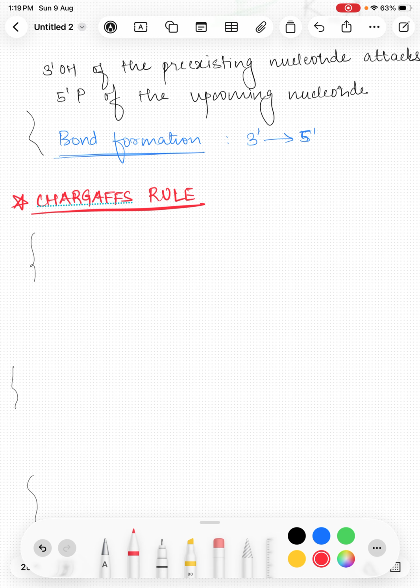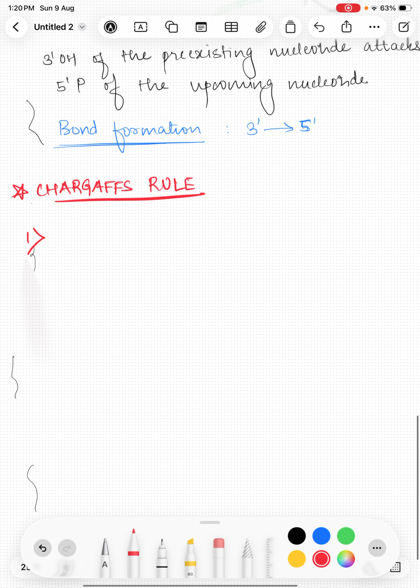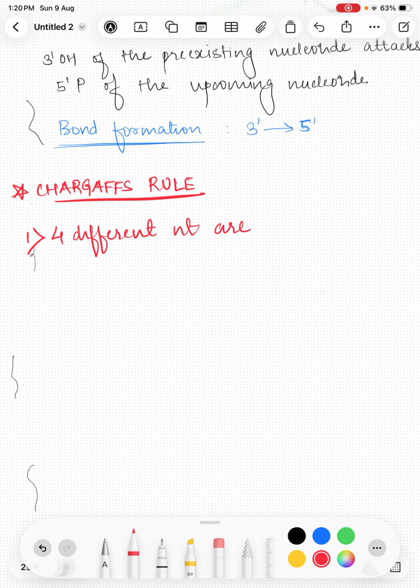In this rule, what the scientist did, he did paper chromatography, and he observed that the nucleotides which are present in DNA or RNA are not present in equal amount. So from his experiment, he found out few observations, and there were 4 different nucleotides are not present in equal amount.